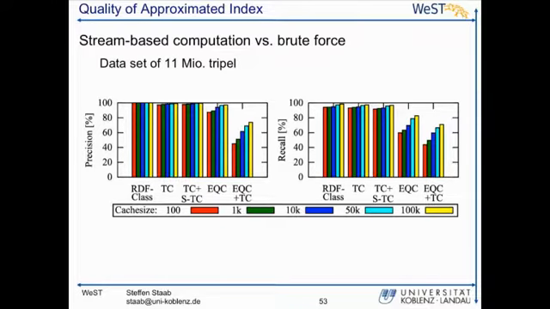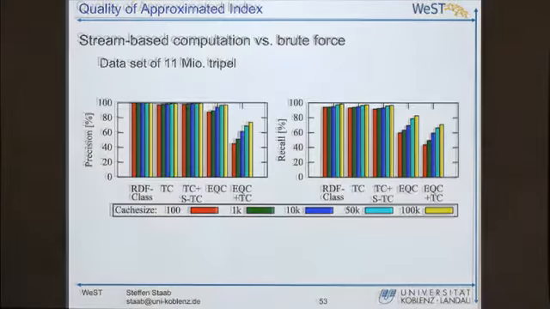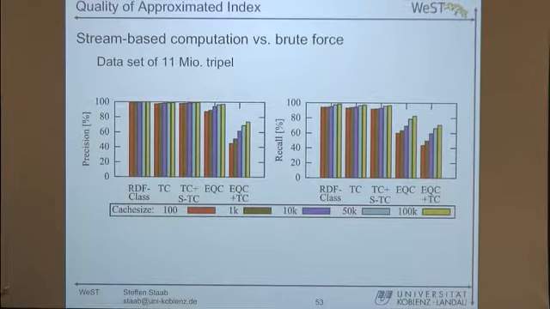And we looked empirically at how well this works, and we find that even with rather small cache sizes of just like 100K and so on, we end up with rather good values for precision and for recall. So we lose a little bit, but we don't lose too much even with rather small cache sizes.